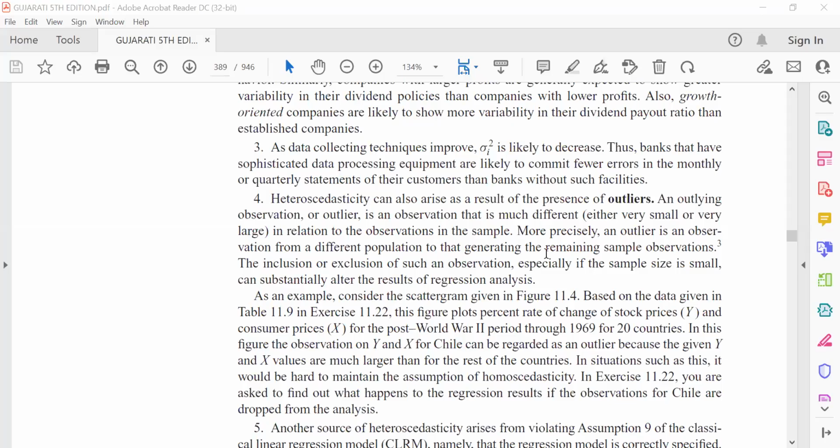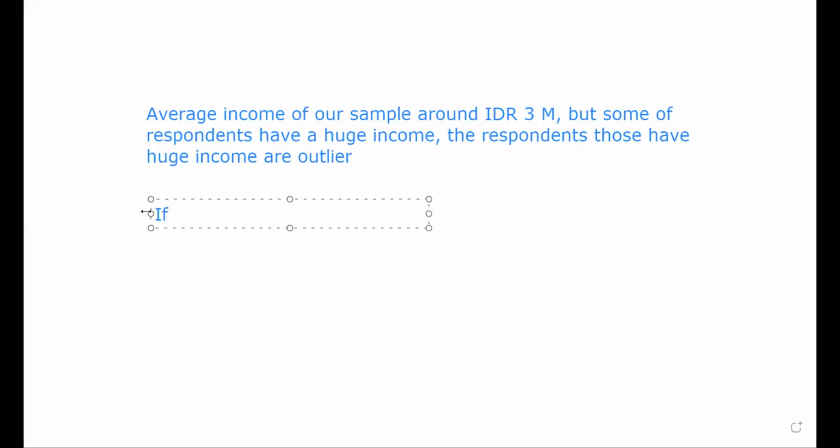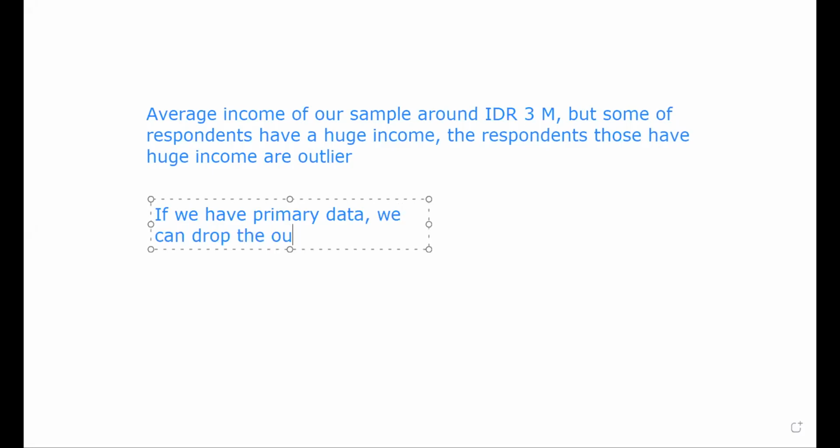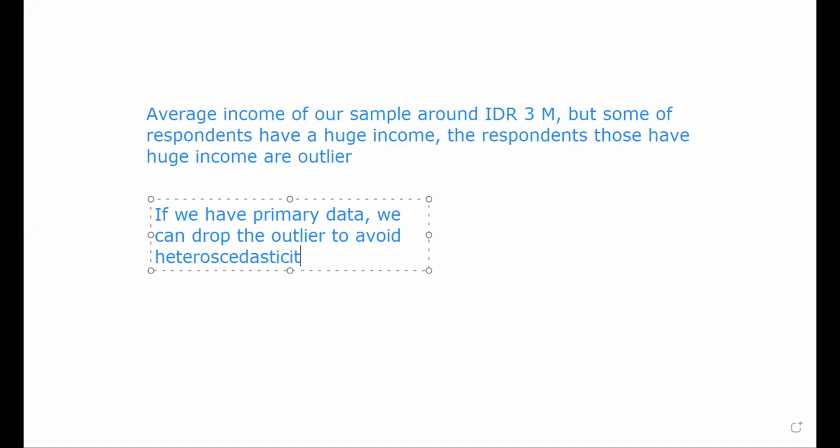Outliers can also produce heteroskedasticity. If we have primary data, we can drop the outliers to avoid heteroskedasticity.